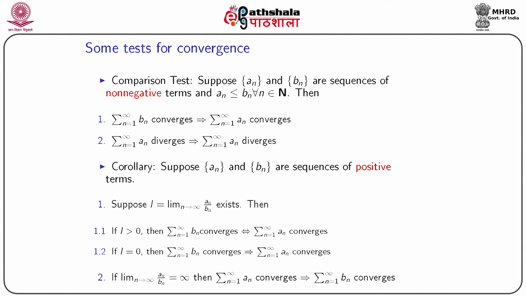This comparison test is applicable only for non-negative terms, and a_n is less than or equal to b_n for all n. So if sum over n from 1 to infinity of b_n converges, that implies sum over n from 1 to infinity of a_n will also converge. And if sum of a_n diverges, then sum over n from 1 to infinity of b_n will also diverge.